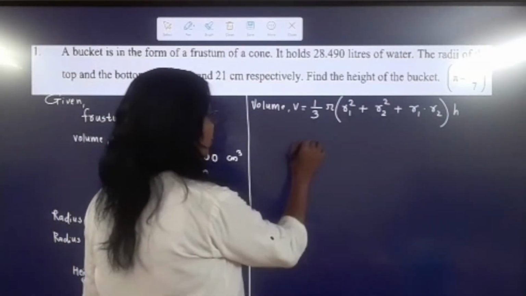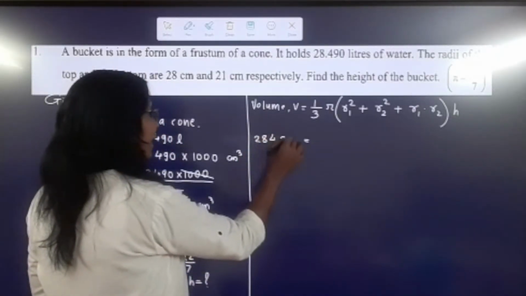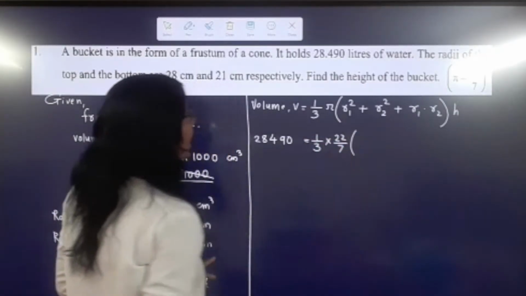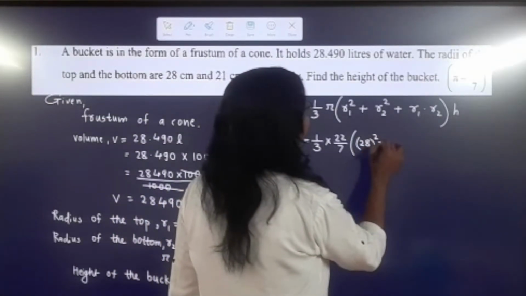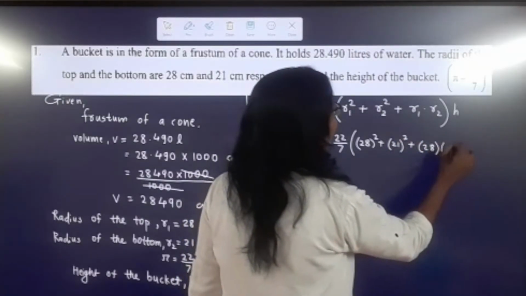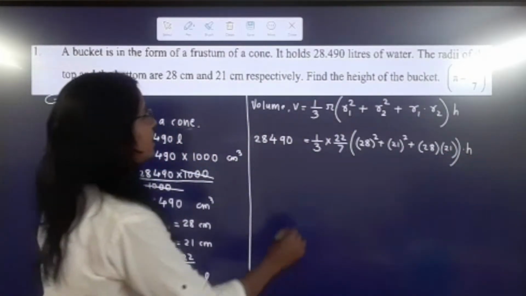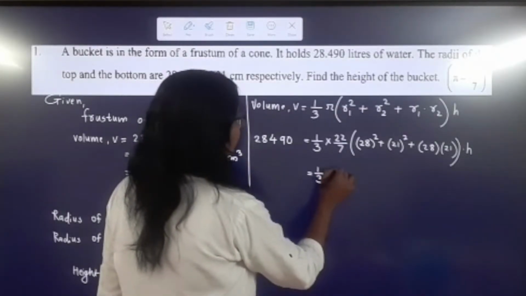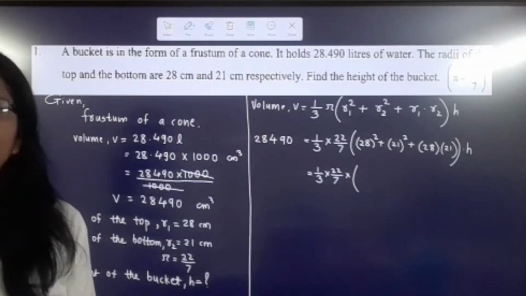So now the substitution, students. The volume is given, that is 28,490, equal to 1 upon 3 multiply 22 upon 7 multiply the square of 28 plus the square of 21 plus 28 multiply 21, then multiply H. First I do the squares and then the addition.